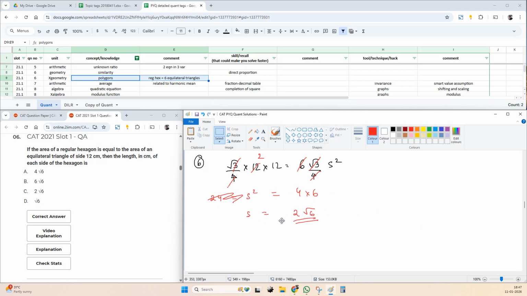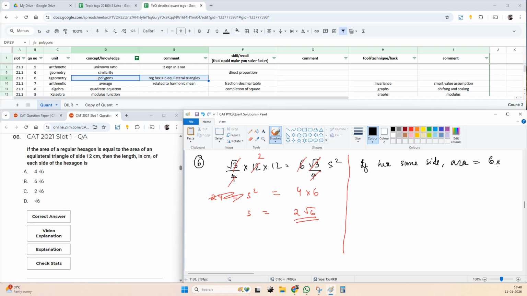Now, if you want to be more efficient than that, what could you do? You could solve this paperless by just saying, if the hexagon had the same side, the area would be 6x, 6 times that of the triangle, right? That's what I mean, 6x. You can verbally reason this out.